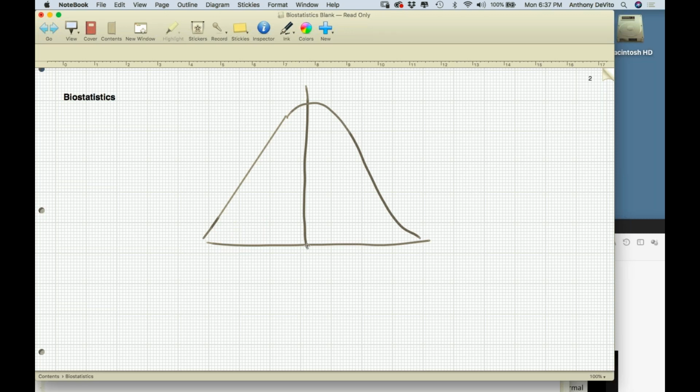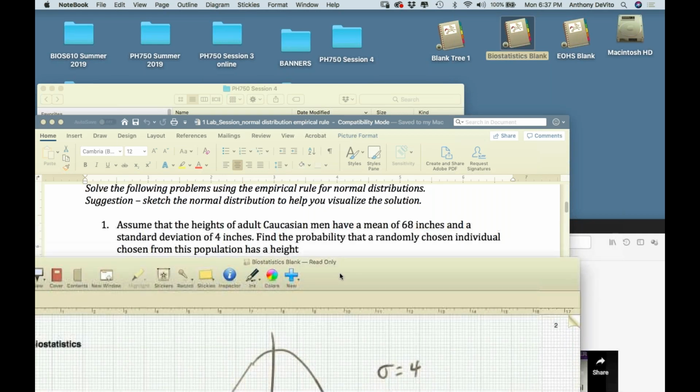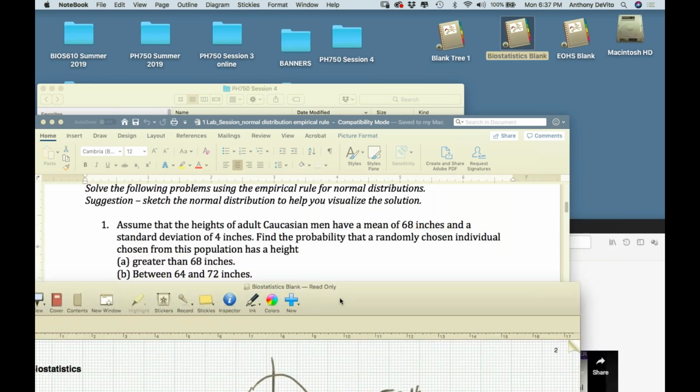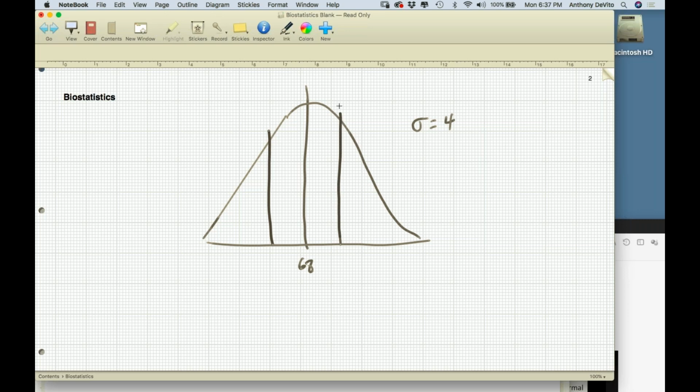And our mean is 68, and our standard deviation is equal to 4. And I think the question asked us, what's the probability of randomly choosing an individual who's between 64 and 72 inches? Okay, 64 and 72 inches.